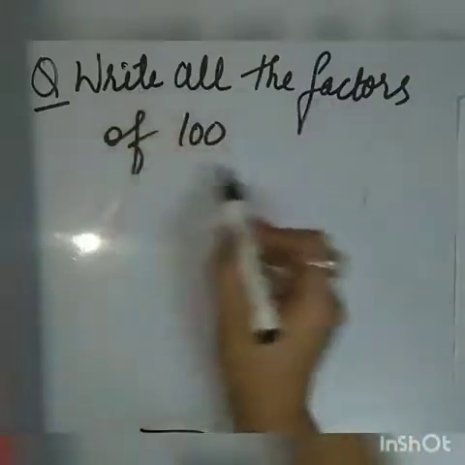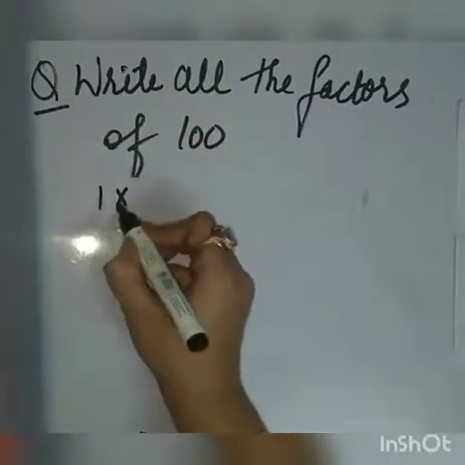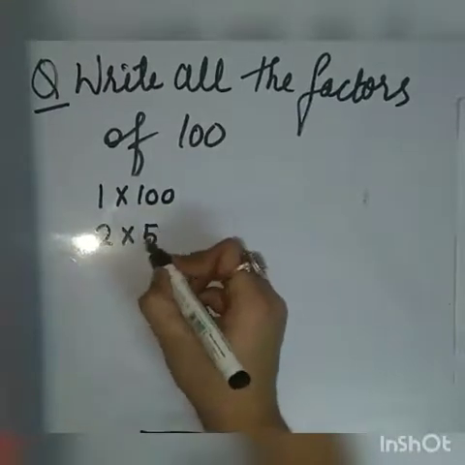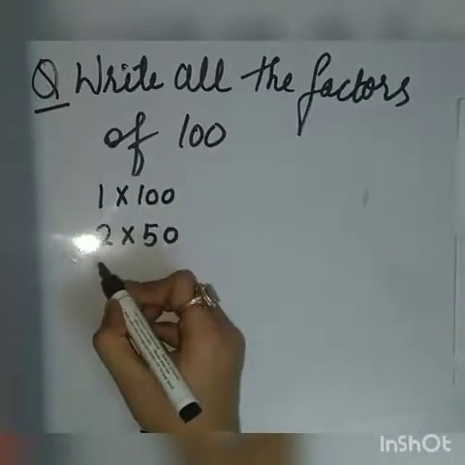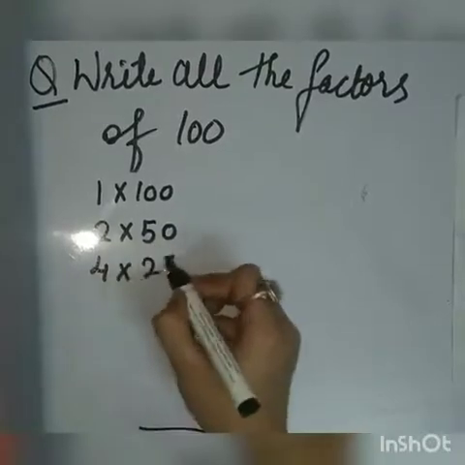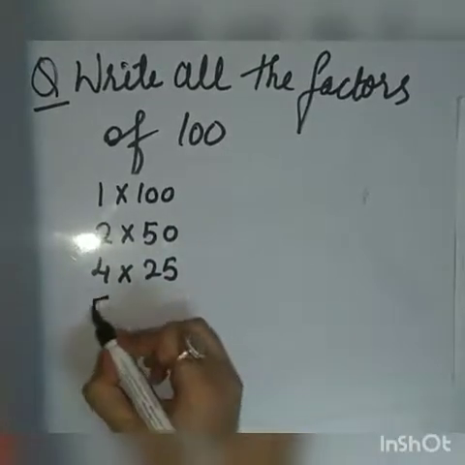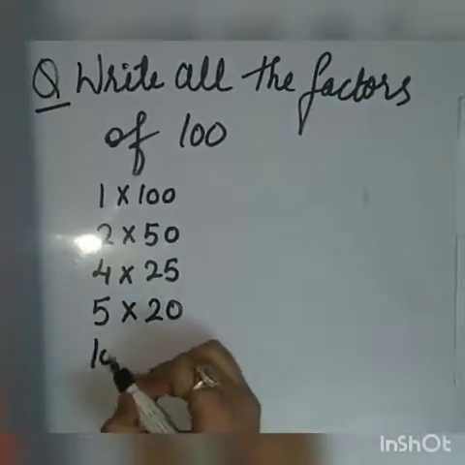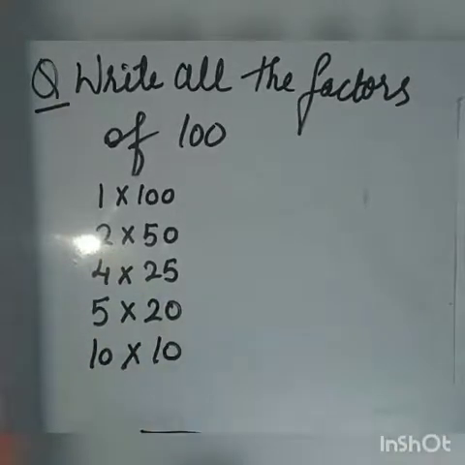Write all the factors of 100. 1 multiply 100 is equal to 100. 2 multiply 50 is equal to 100. 4 multiply 25 is equal to 100. 5 multiply 20 is equal to 100. 10 multiply 10 is equal to 100.